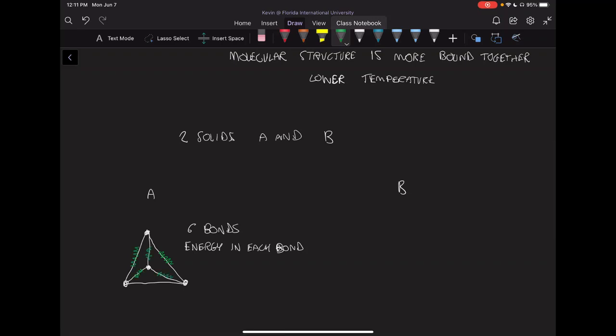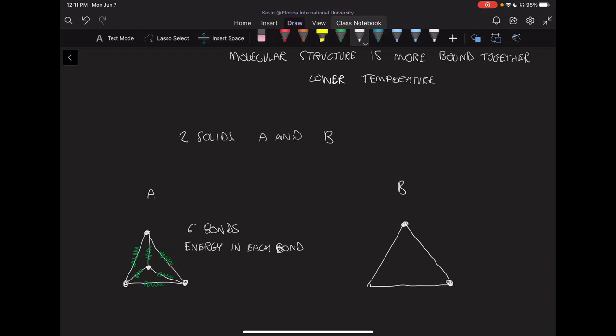The green lines show us that the energy is spread out through the 6 bonds. Now, system B could have the same amount of energy through the system, but it's a different system.